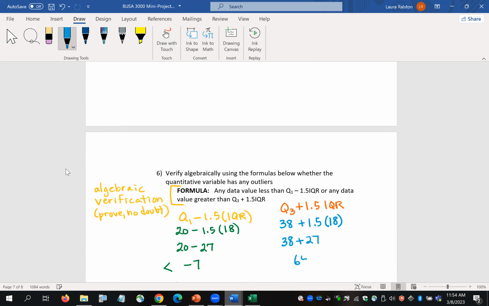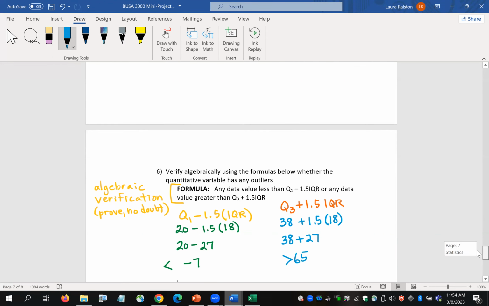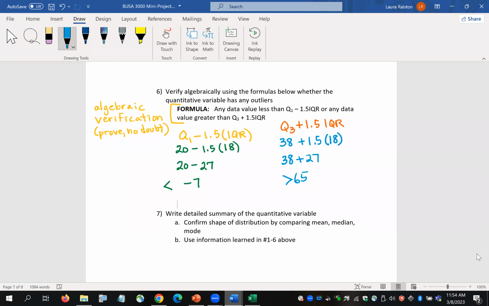So any person over the age of 65 is considered an outlier. I have just verified that. So there are outliers in this particular data set.